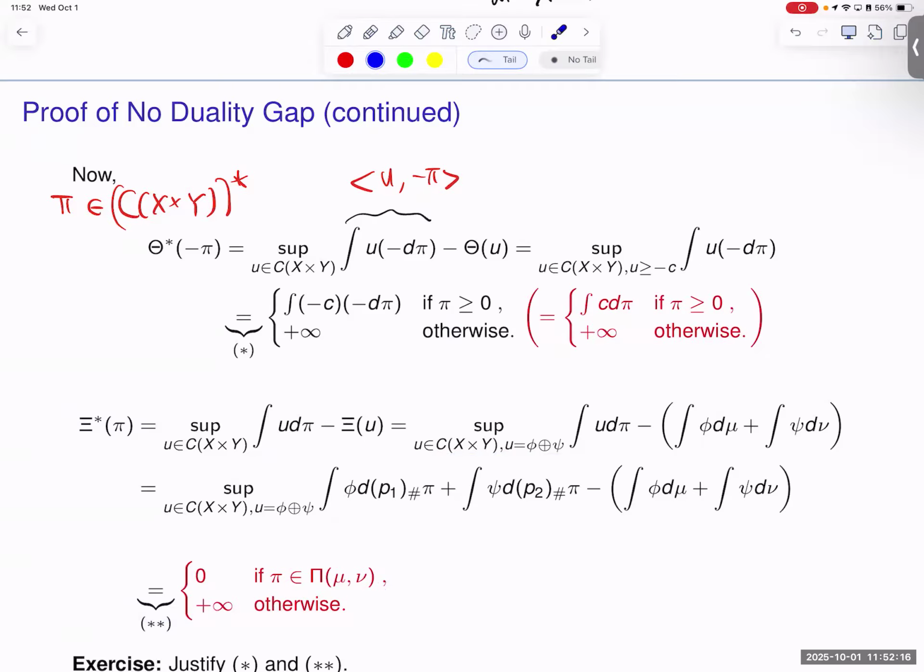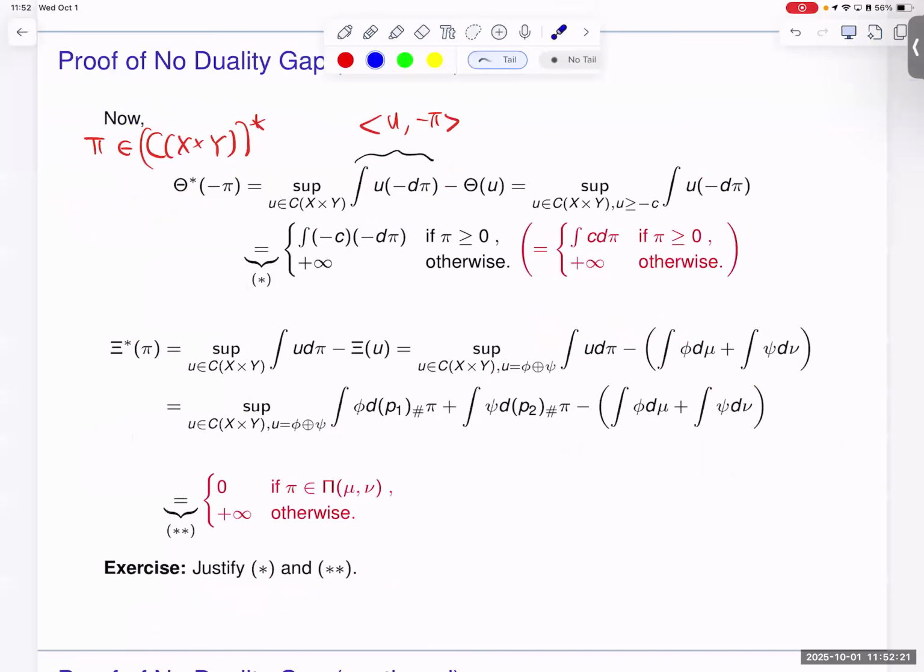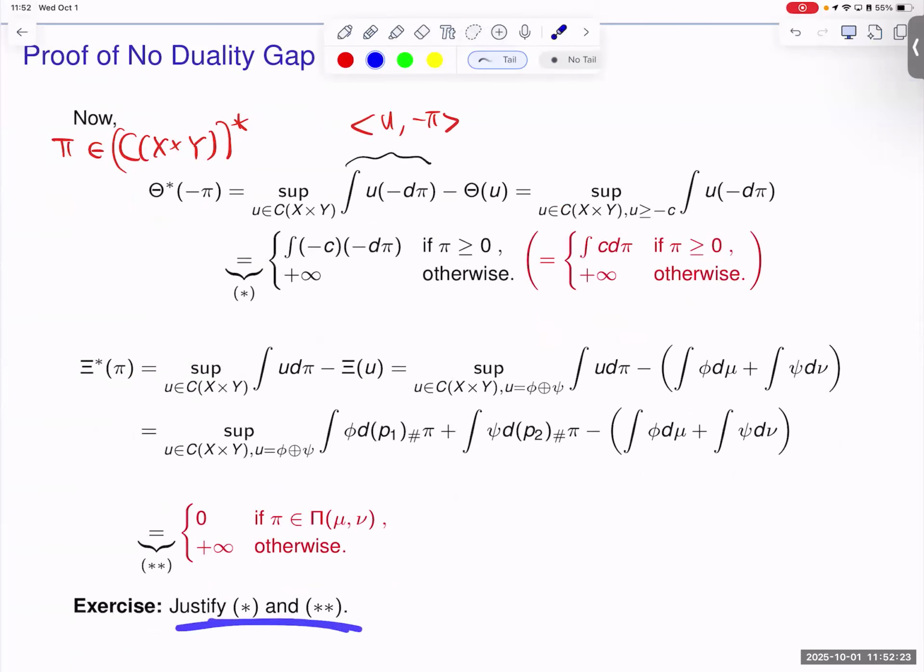Okay. So this is your exercise. Actually, both are your exercise. So maybe I can skip those.